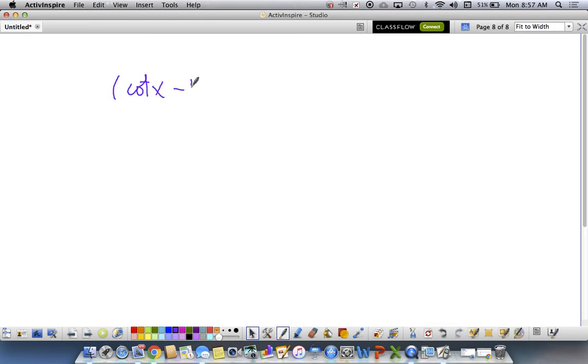Cotangent x minus 1, square root of 3 cotangent x plus 1 equals 0. This is a nice one. They went ahead and factored it for you, though. Wait, is there supposed to be another parenthesis after the 1? So if they've already factored for you, what do you do?